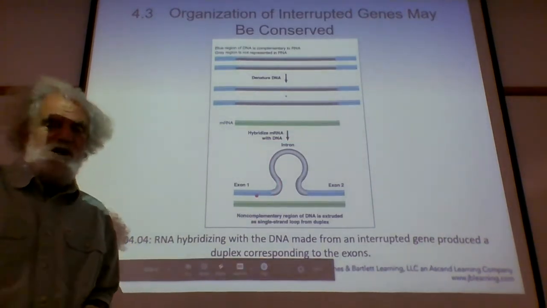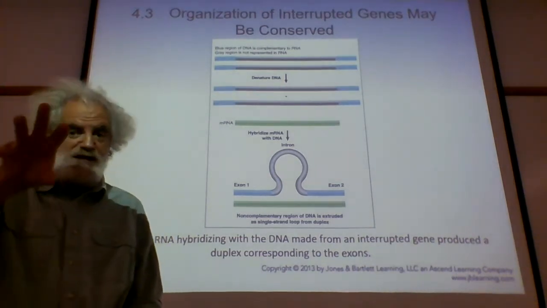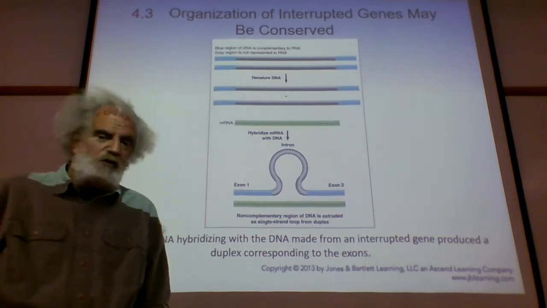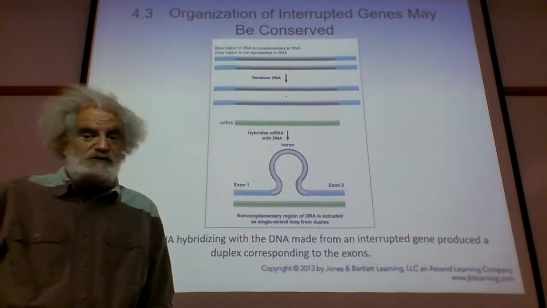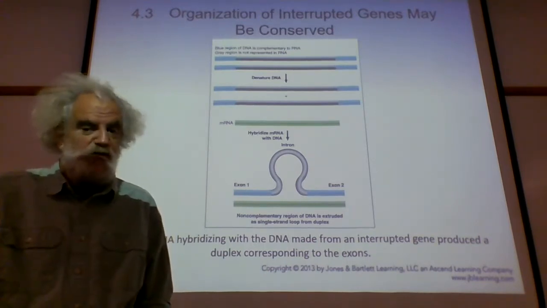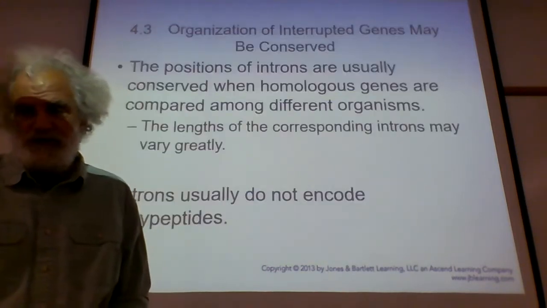Then you can run the products out in a gel and look to see what you got. You can begin to identify these different fragments, these different portions. The other way this is carried out is by sequencing. So you sequence the cDNA, and then you compare that to the genomic DNA sequence.